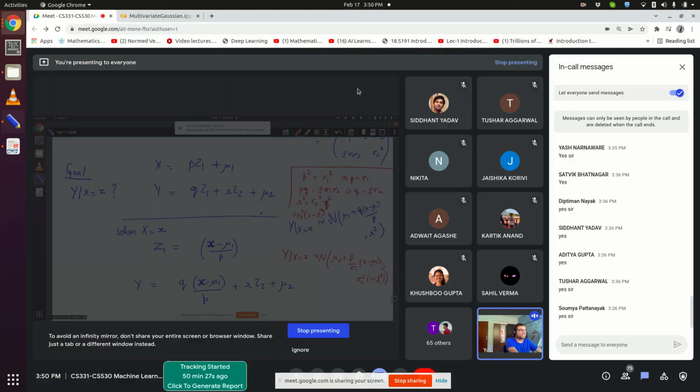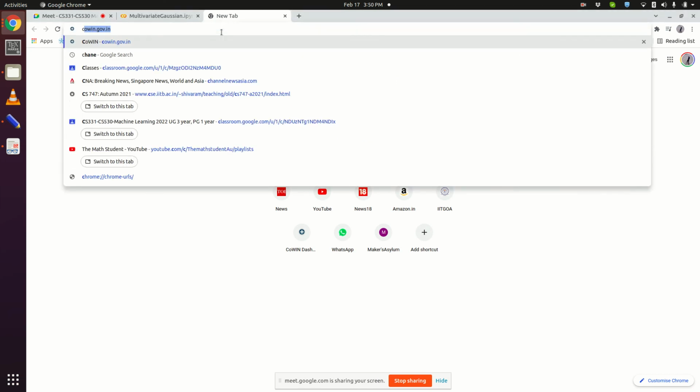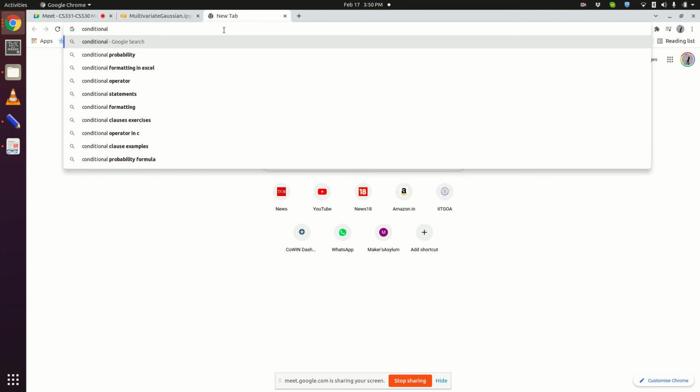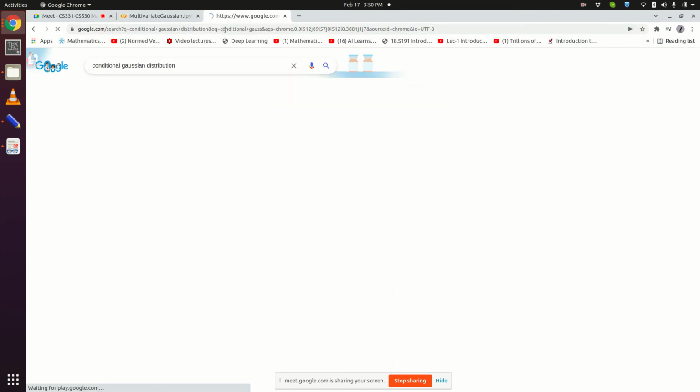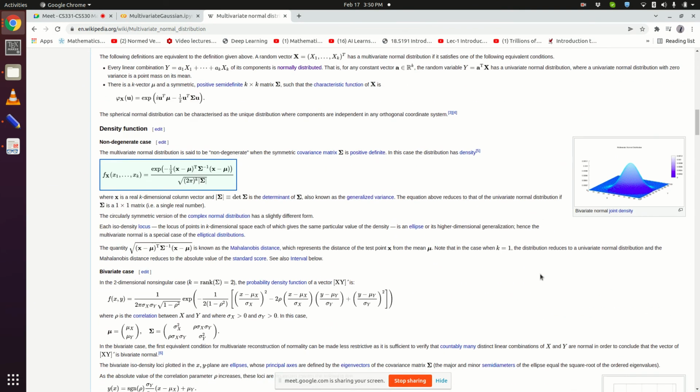Let me first of all check if this is indeed the conditional Gaussian distribution. I just derived it right now.